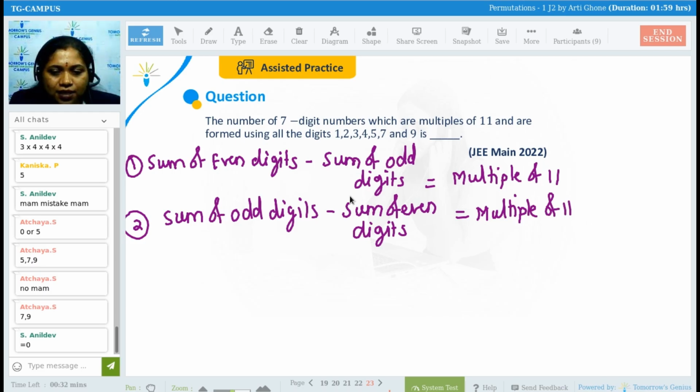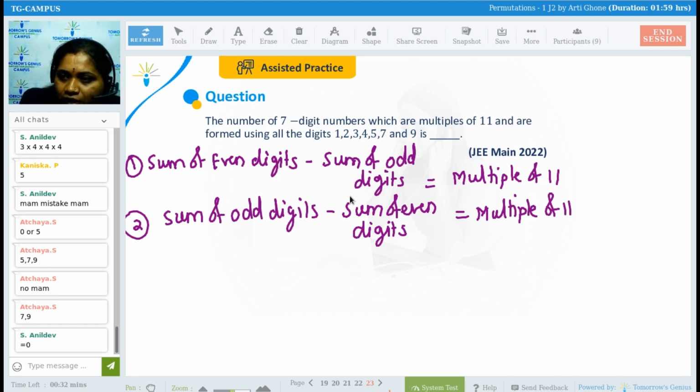Clear? These are the two cases, meaning the odd and even place difference. Now we don't know whether the even place sum is greater or the odd place sum is greater. That's why we have to consider either case 1 or case 2. Clear? Both the cases are clear.